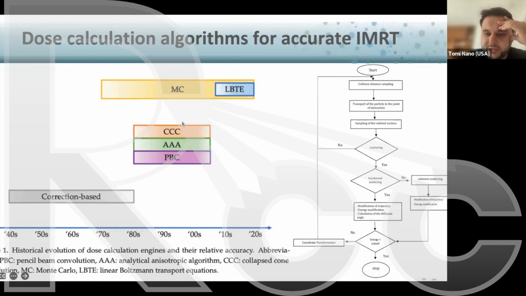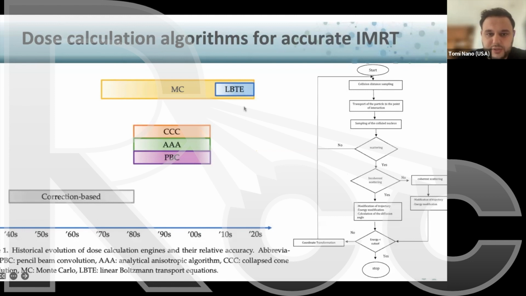But then in the 2000s, collapsed cone convolution, superposition started becoming used more. And then Monte Carlo is starting to be used and to show that it's more accurate. And also, what I'm showing here is that we're trying to solve the particle transport equation. And essentially, Monte Carlo is looking at that.